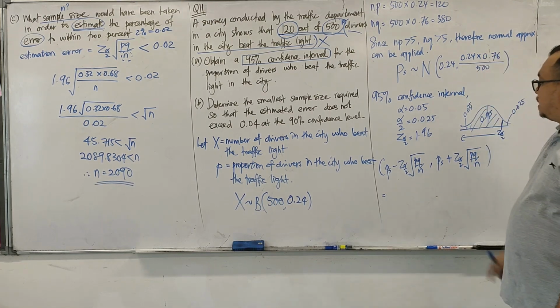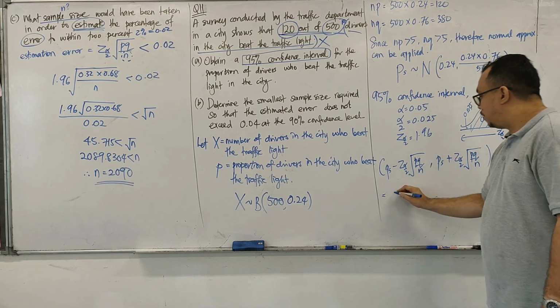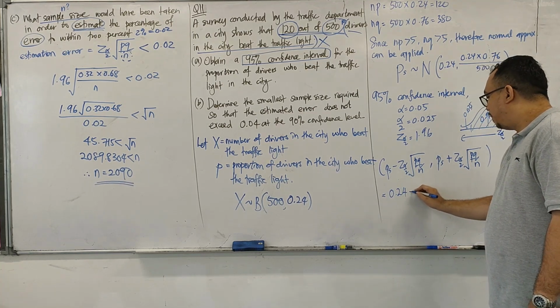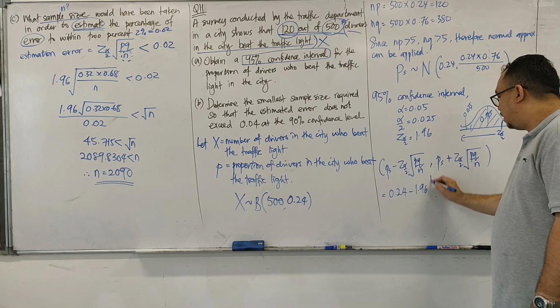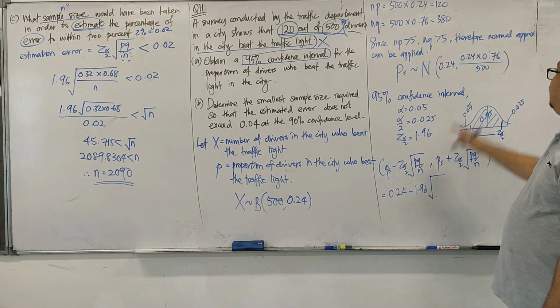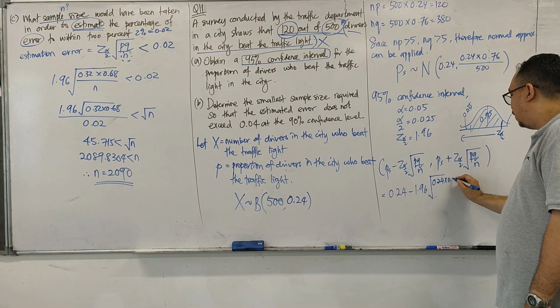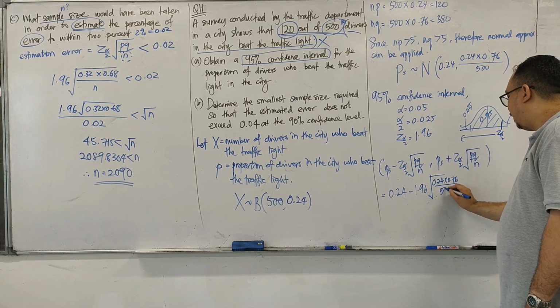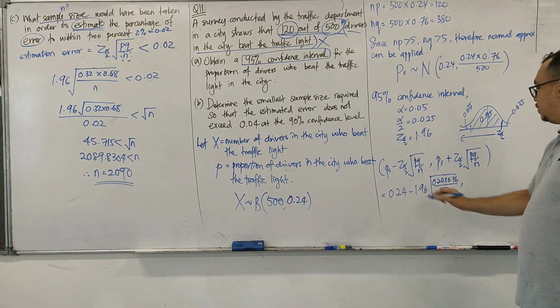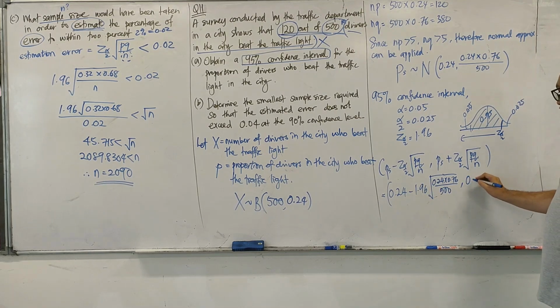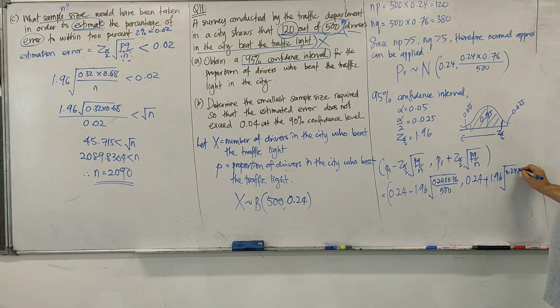So my P-hat adalah proportion saya 0.24 minus 1.96 square root PQ over n, 0.24 times 0.76 over 500. Okay, so the same thing I copy: 0.24 plus 1.96 square root 0.24 times 0.76 over 500.